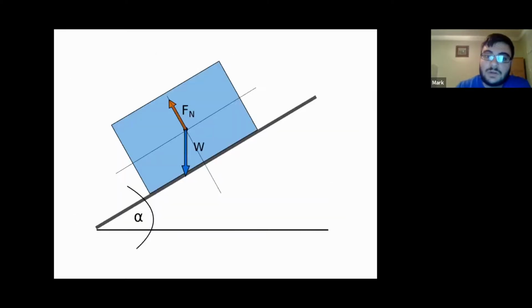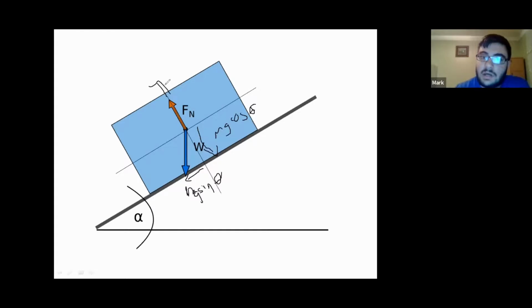So if we want to go back to our incline, I mentioned that this component is, well, it was W, but it's essentially just mg sine theta. So this component is mg cosine theta, right? And notice how on an incline, this box is not accelerating up or down.